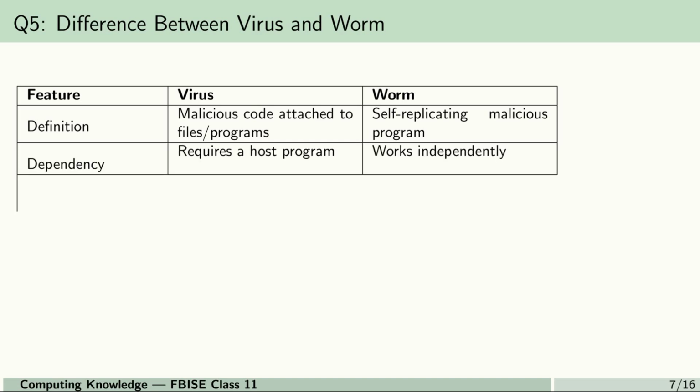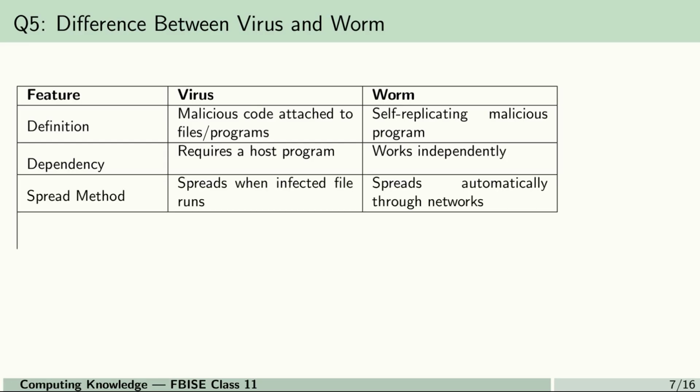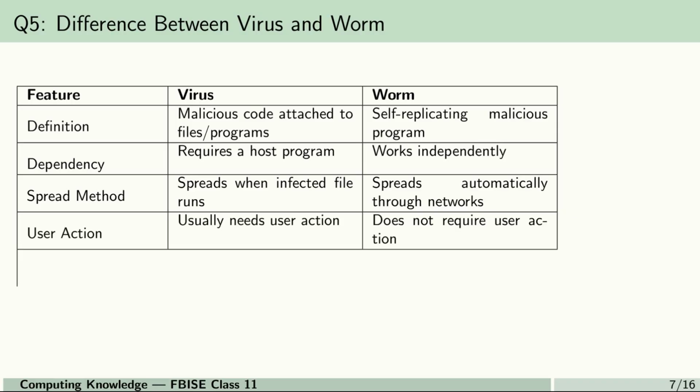Dependency: a virus requires a host program. A worm works independently. Spread methods: a virus spreads when infected files run. A worm spreads automatically through networks.